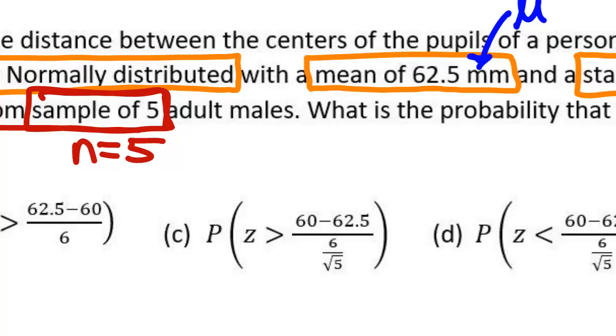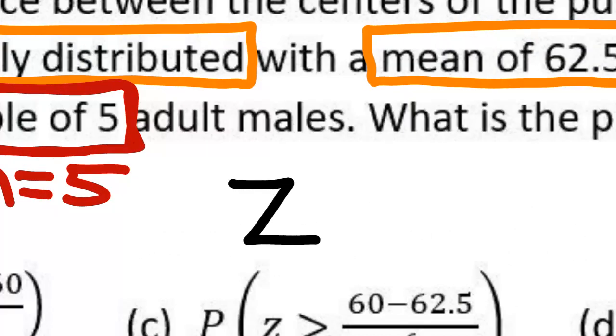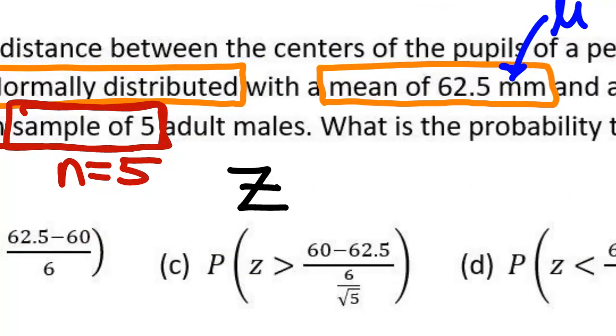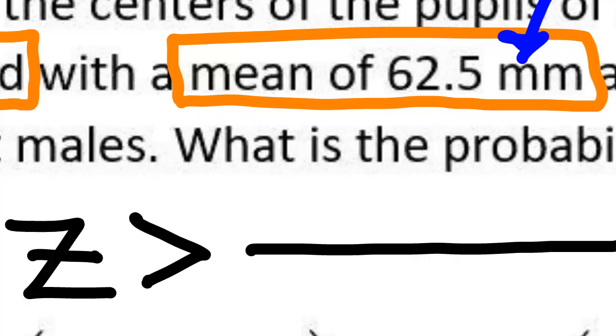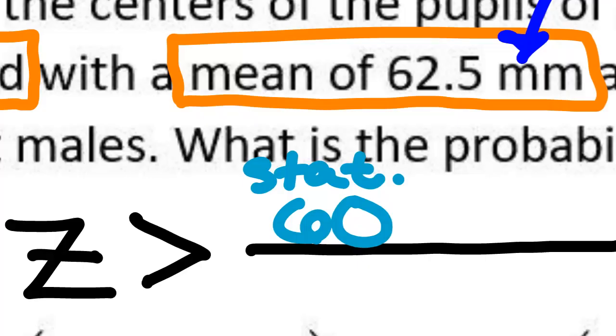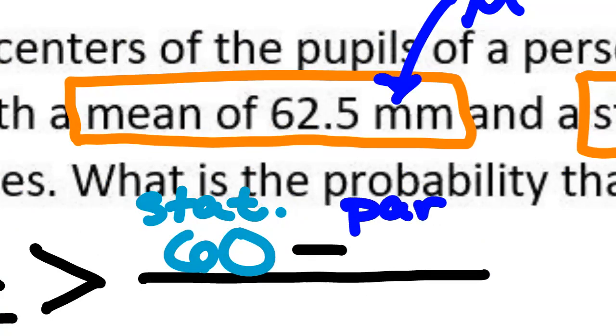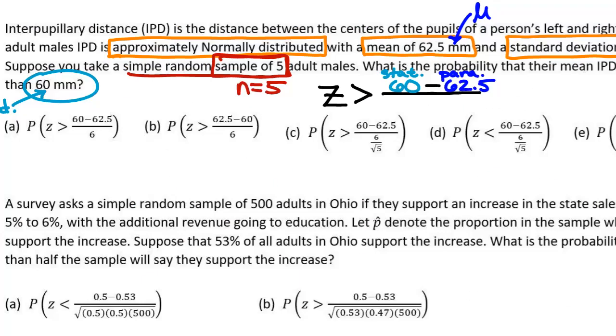So to calculate Z, probability that it is greater, I want my statistic, which is 60, minus my parameter, which is 62.5. Are there any that we can throw out right now?